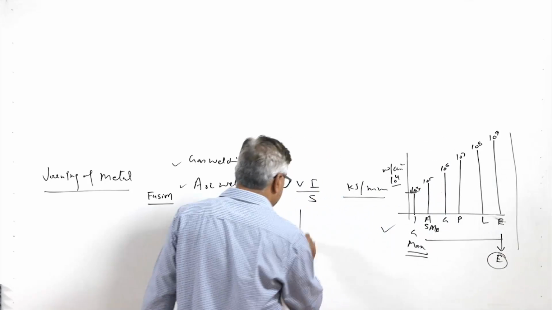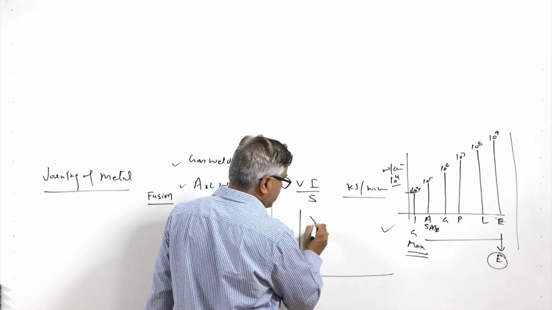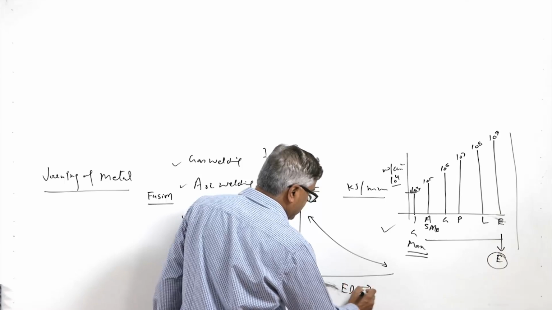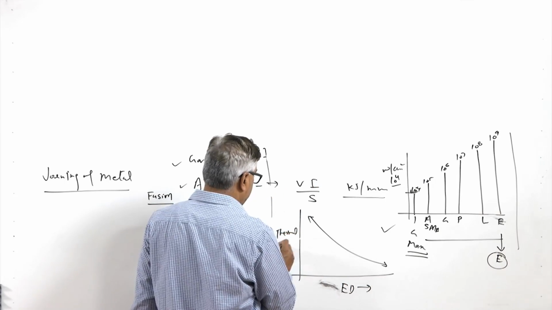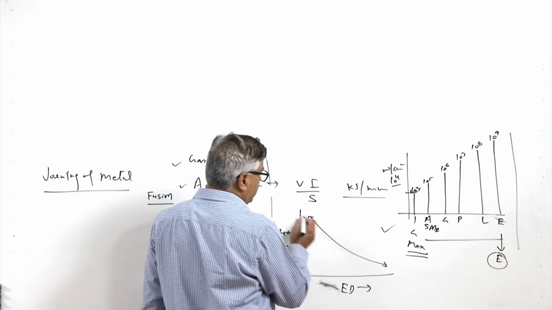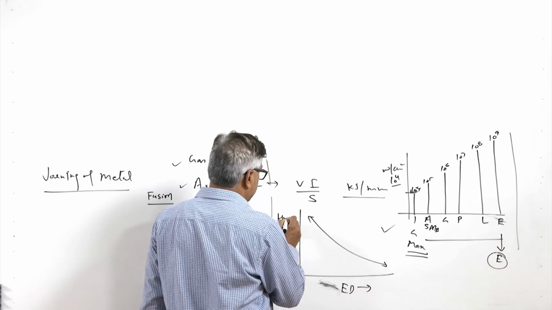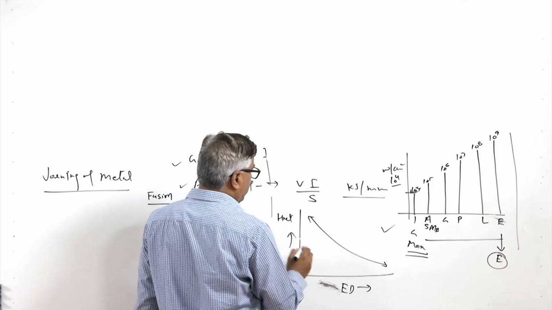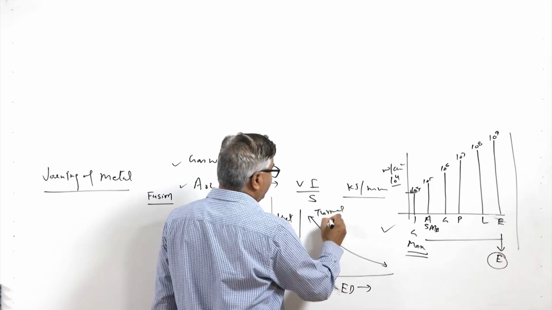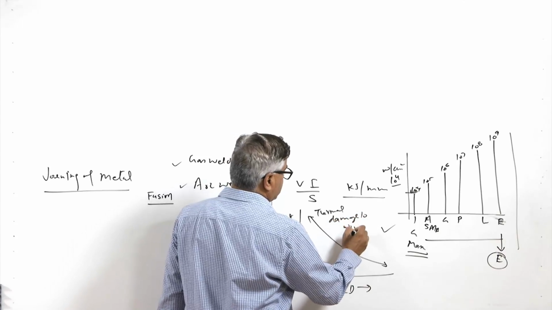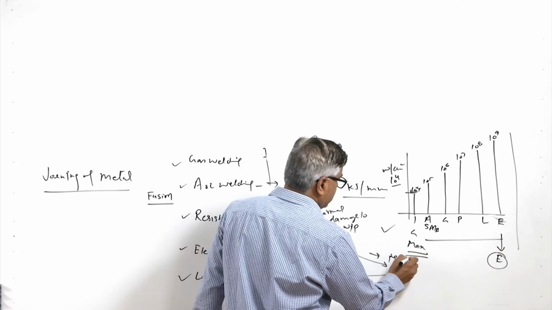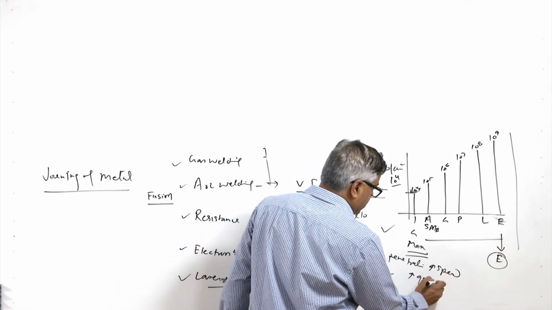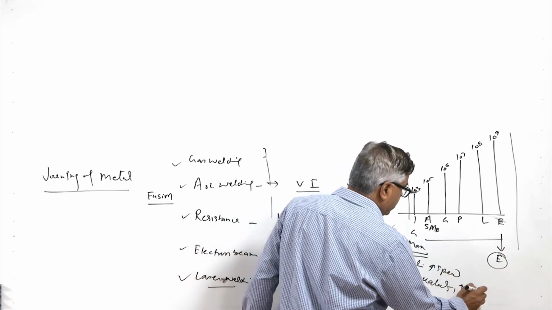If on the x axis we have energy density, and on the y axis we have thermal damage to the workpiece, then this is H net, the net heat input being supplied, with increasing thermal damage to the workpiece, and here increasing penetration, increasing speed of welding, increasing quality of the weld, and at the same time increasing cost of the system also.